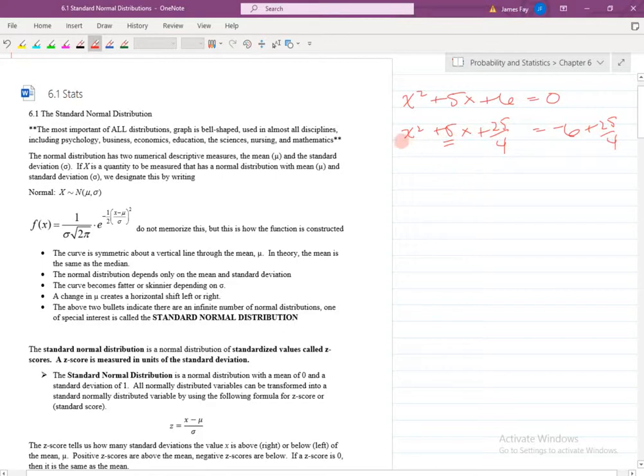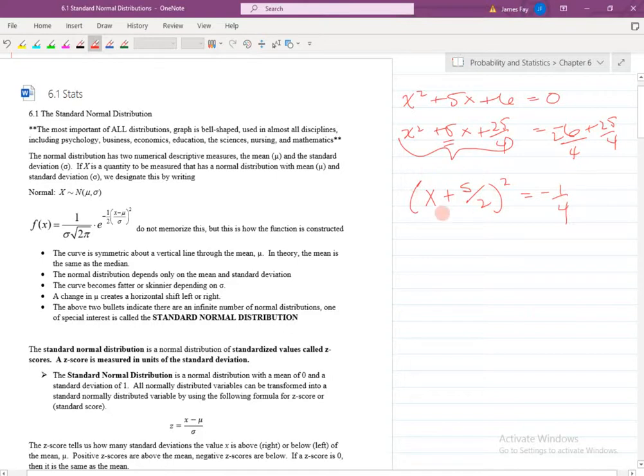And what this then does is it creates, does anybody remember what that creates? A perfect trinomial. So it creates a perfect trinomial, which allows us then to rewrite the left-hand side as a binomial square. This side over here, so what's that? 6 minus 25 fourths, 6 with a 4 is 24, so negative 1/4 would be that, okay?